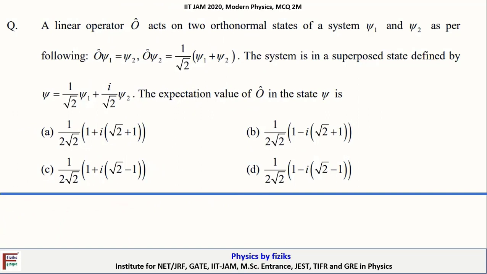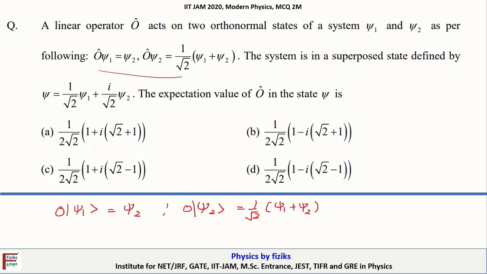A linear operator acts on two orthonormal states of a system, psi1 and psi2. The operator O operates on psi1 in such a manner that if O operates on psi1 we get psi2, and if O operates on psi2 we get 1 by root 2 times psi1 plus psi2.